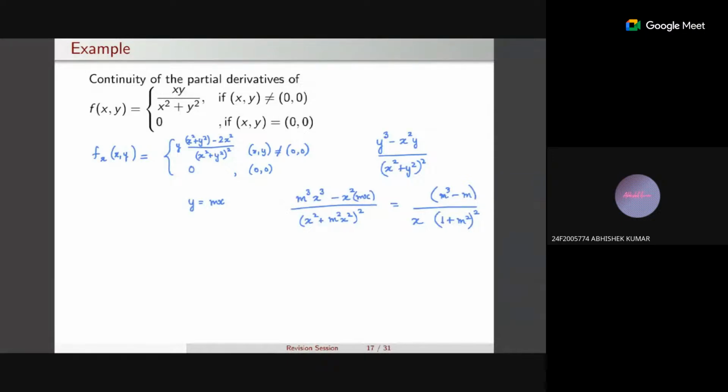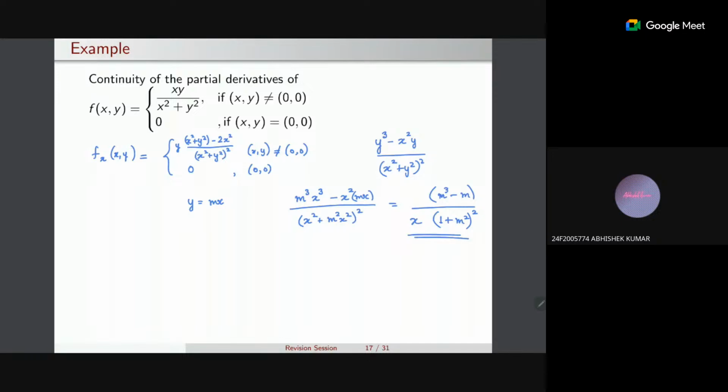But if you take m equal to, say, 2 or something, then it is easy to see that this does not have a limit. Correct? This is the function value along the line y is equal to mx. And along certain lines, say y is equal to 2x, this becomes arbitrarily large as I go closer and closer to 0. So the limit does not exist. So f_x as a function is not continuous.